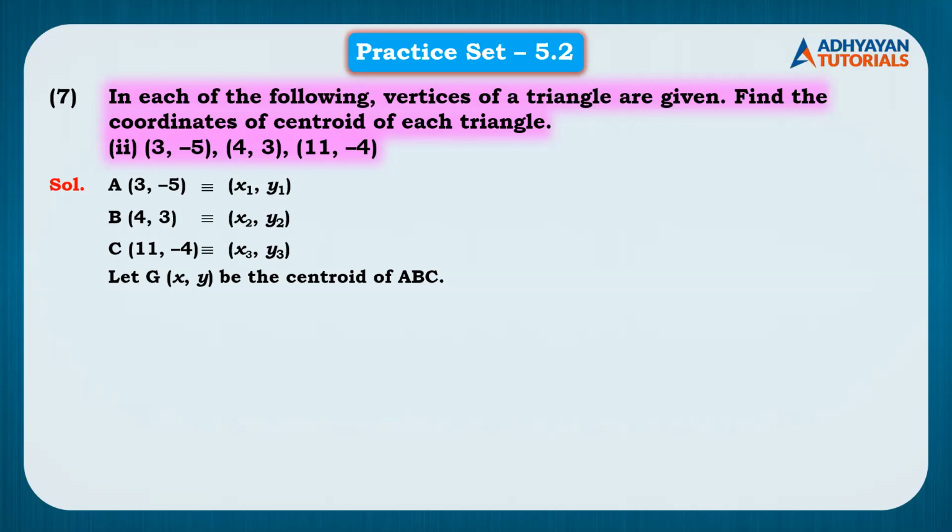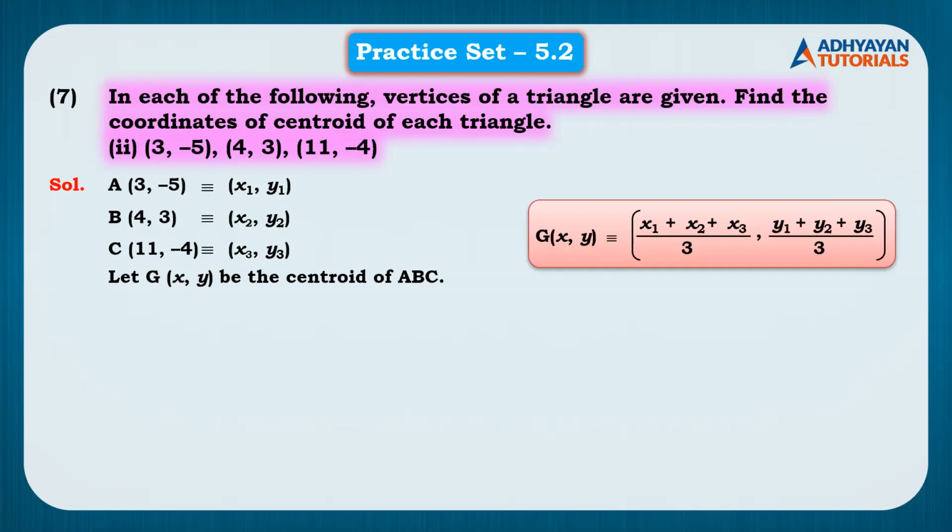So students, now we have to use the formula. So what is the centroid formula? I have already taught you all what the centroid formula is, right? And the derivation is there in the textbook. So the centroid formula, for x, is x1 plus x2 plus x3 upon 3. And for y, the formula is y1 plus y2 plus y3 upon 3.